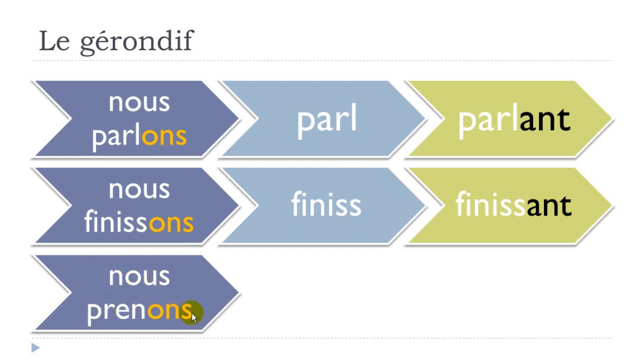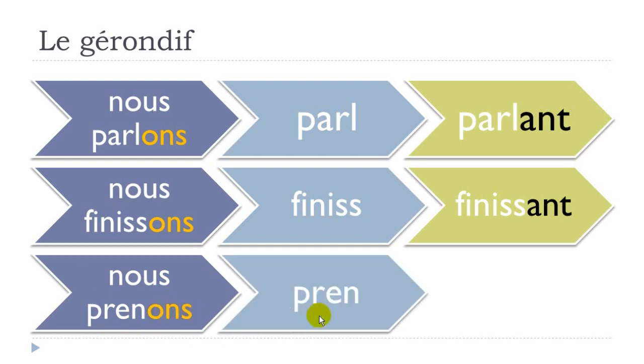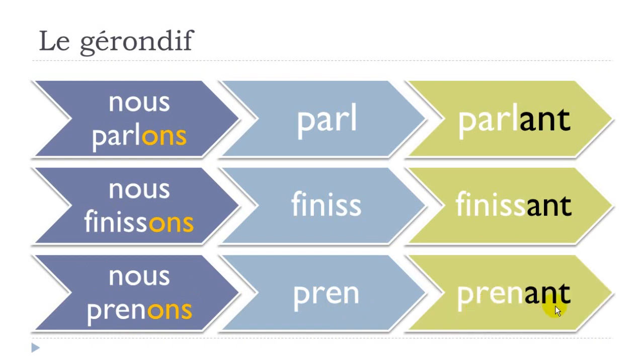Nous prenons, present tense. Same thing here, we spot the ending, so ons, we take it away, we get pren, and then participe présent will be prenant. All right, so remember, nous parlons, parl, parlant. Nous finissons, finiss, finissant. Nous prenons, so pren, and then prenant. Okay, so it's quite easy to make.